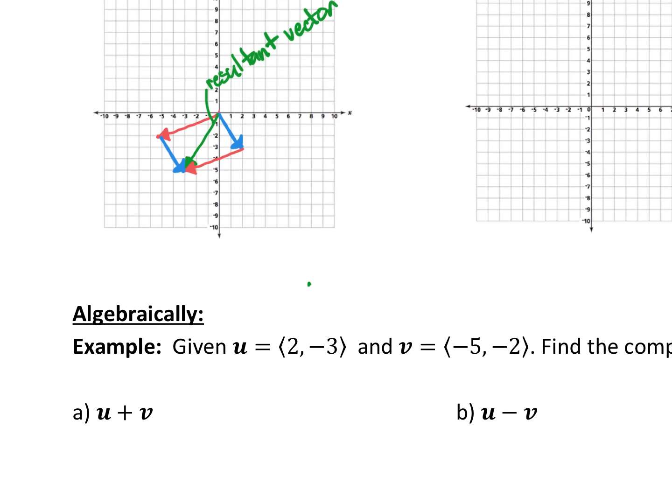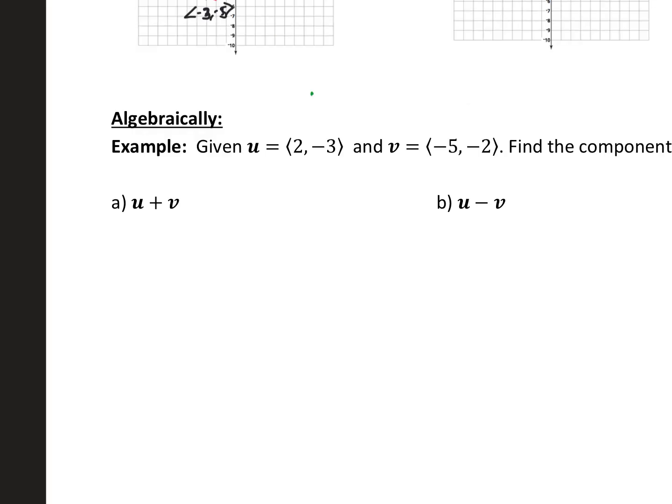But I'm looking here and I am seeing that it looks to me like they all ended up at -3, -5. So when I do this algebraically, I should get the same answer here in component form. So to show you these steps algebraically, I am taking u and adding it to v. So I have 2, -3, plus -5, -2.